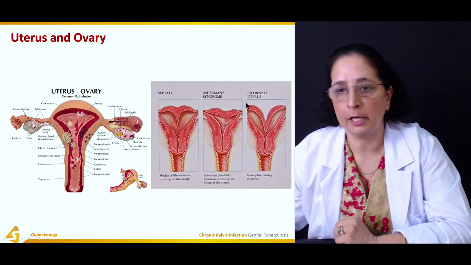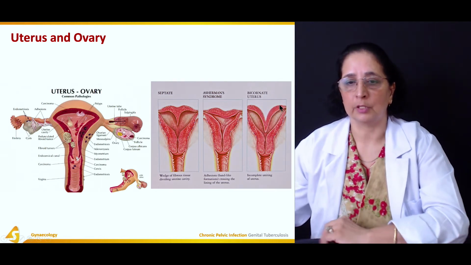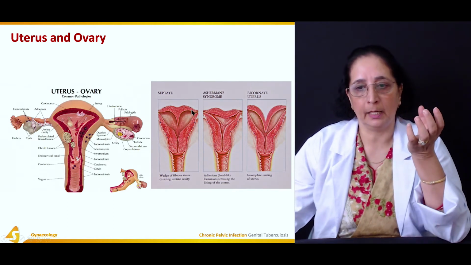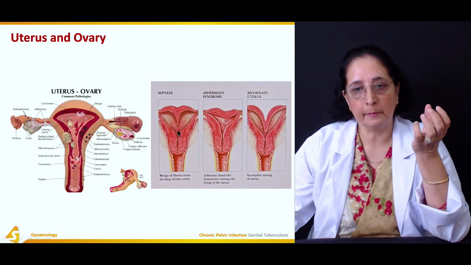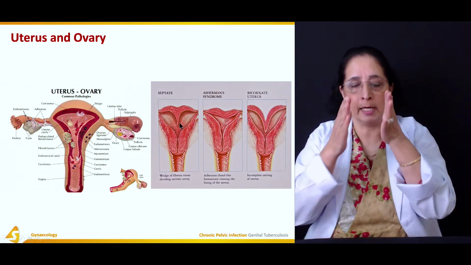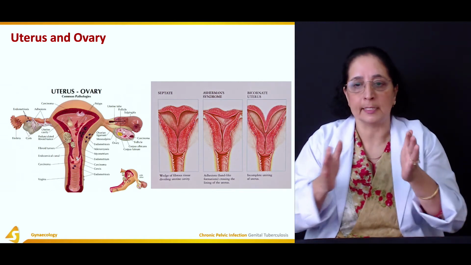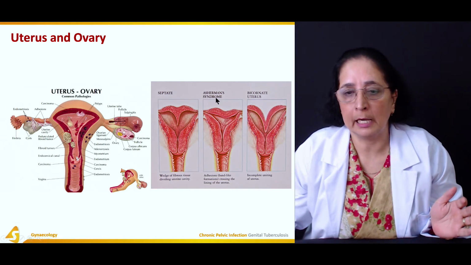Then we have bicornate uterus, in which there is incomplete uniting of the uterus. Here, the difference you can see in the septate uterus: the uterus is united on top, but only the septum is formed, or a wedge is growing inside the uterus that divides it into roughly two cavities. So this is septate uterus, and this is the adhesion formation, Asherman syndrome.